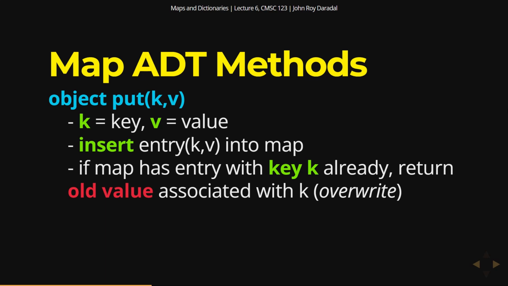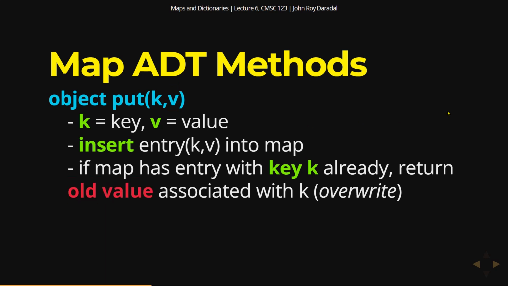So if the map already has an entry with key k, then you need to return the old value associated with k and overwrite that value. Okay, so we need to overwrite the old value with this new value here and return the old value.